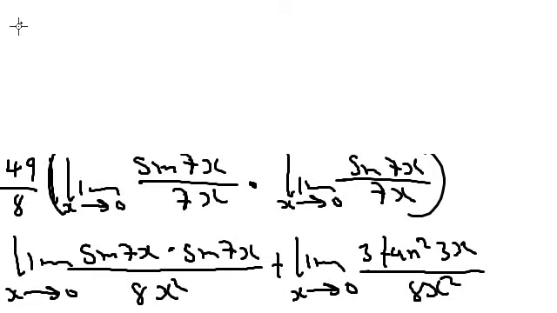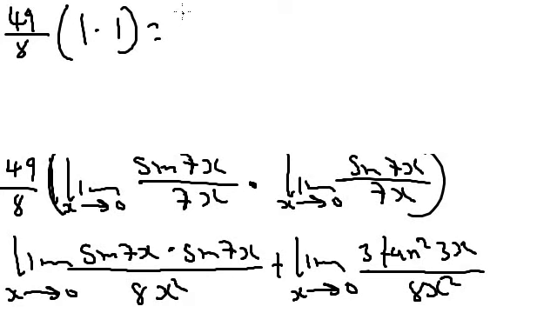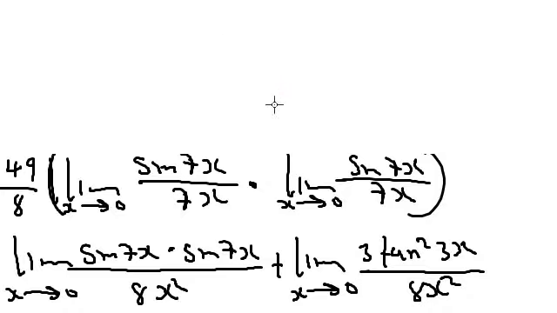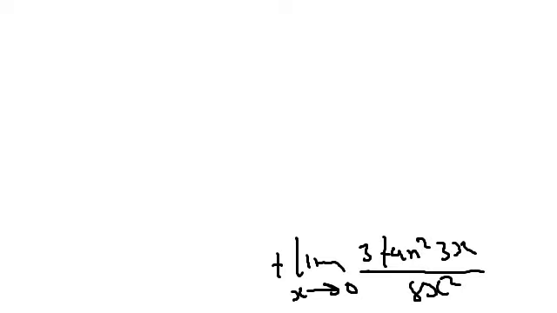Since these two expressions become 1, that will be 1 times 1, which will be 49 over 8. Oops, I said 49 over 9. So that is our final answer to this entire part. So this part is 49 over 8.